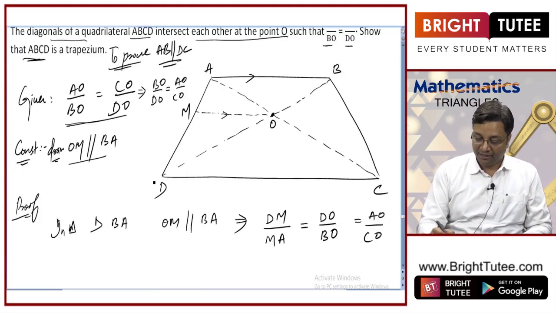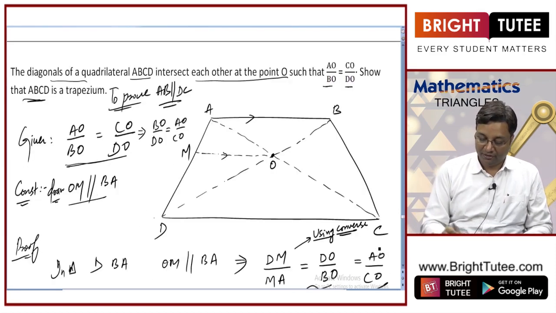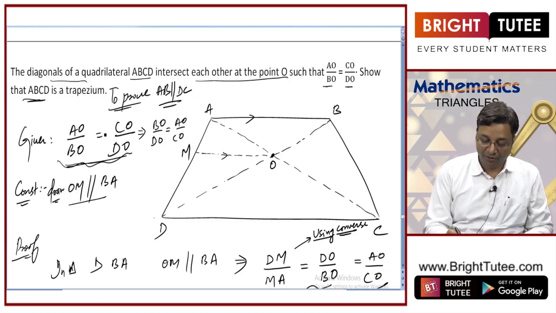DM by MA is equal to DO by BO. This one was using converse of BPT, right, and this is given already. So, if you manipulate this and bring it here, AO by CO is equal to BO by DO.